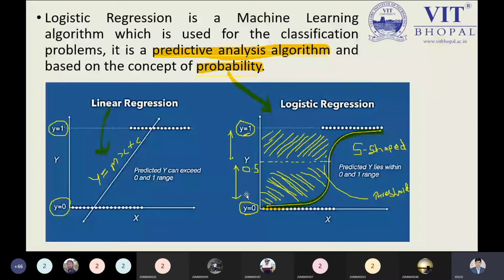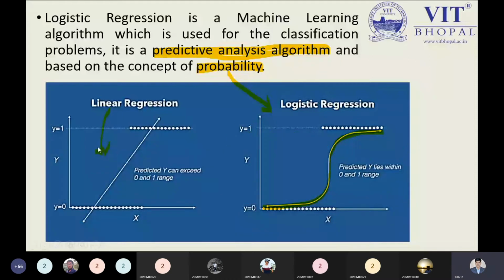I'm removing the unnecessary points over here, then the thing will be more clear to all. Now see, in linear regression, a line is used to represent your data. That line will be identified by the straight line equation, so we can say this can be identified by y equal to mx plus c. I can write over here y equal to mx plus c.